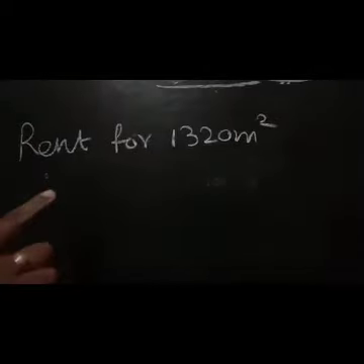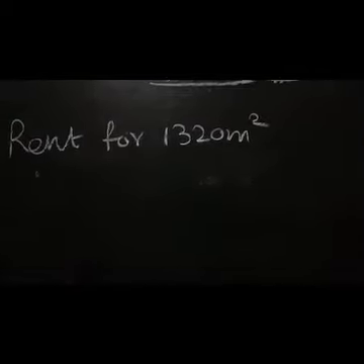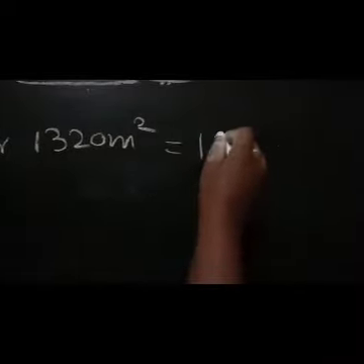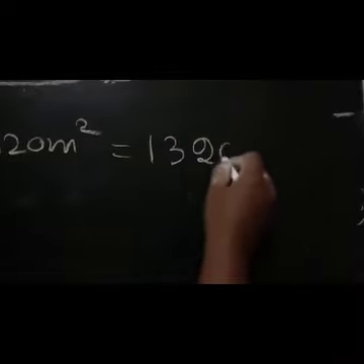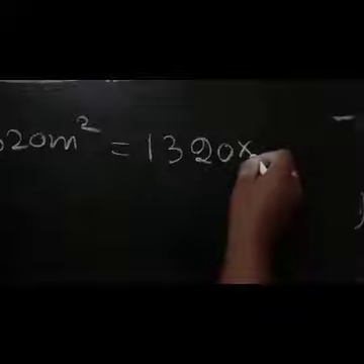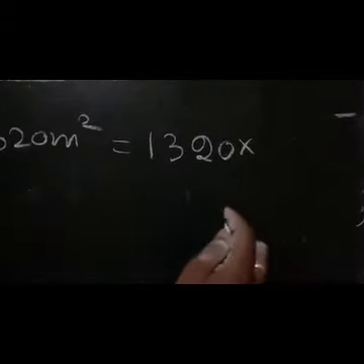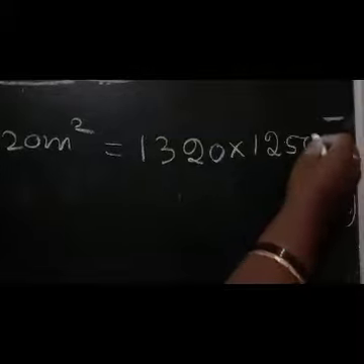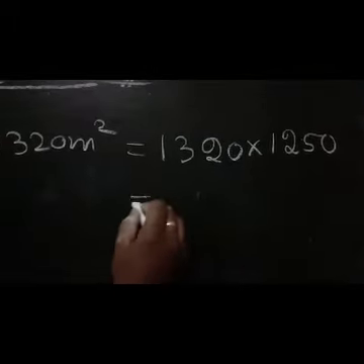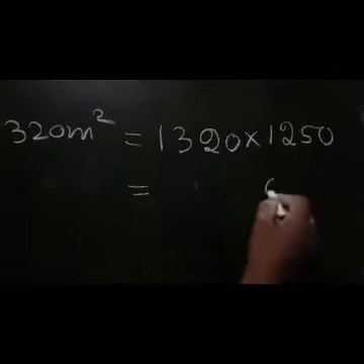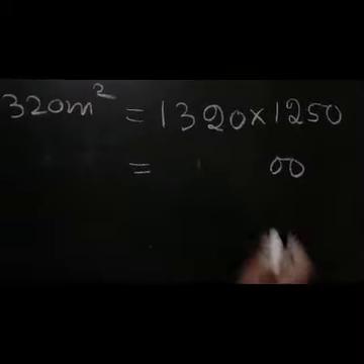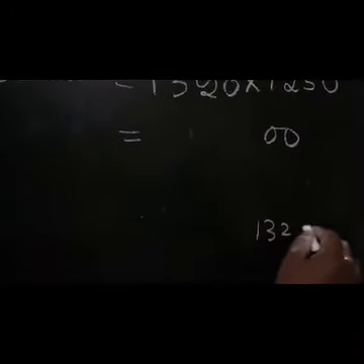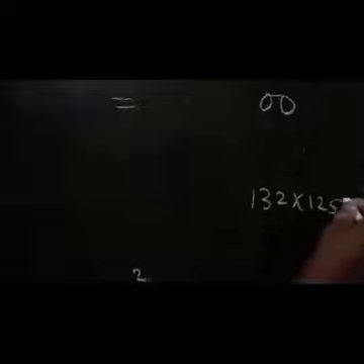So rent for 1320 meter square means we have to multiply with 1320 into our cost of 3 months, that is 1250. So now 00 write as it is. Now multiply this 132 into 125.